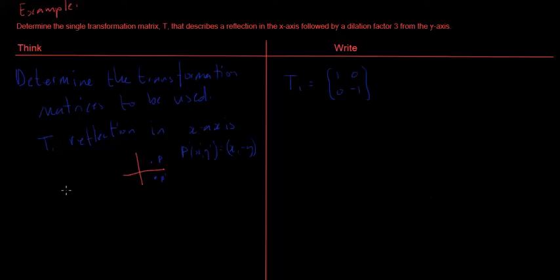The second matrix that we need, T2, is a dilation 3 from the y-axis.